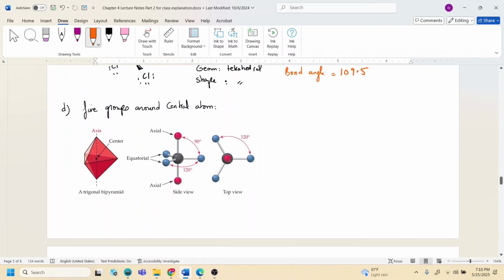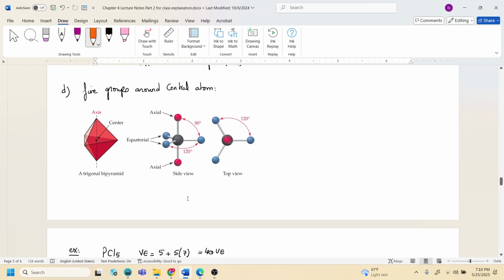Okay, we still have the five groups and the six groups around the central atom. So whenever you have five groups around the central atom, then the shape is going to look like this. What do we call it? We call it a trigonal bipyramidal.